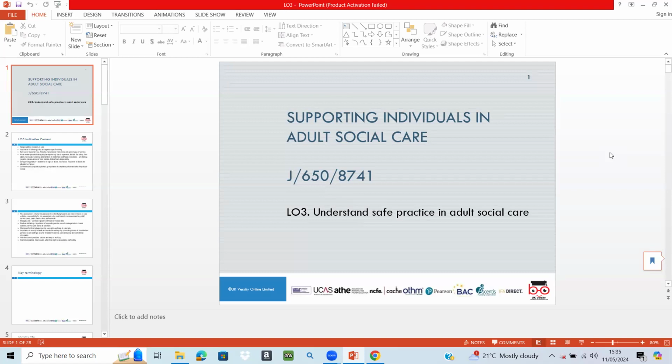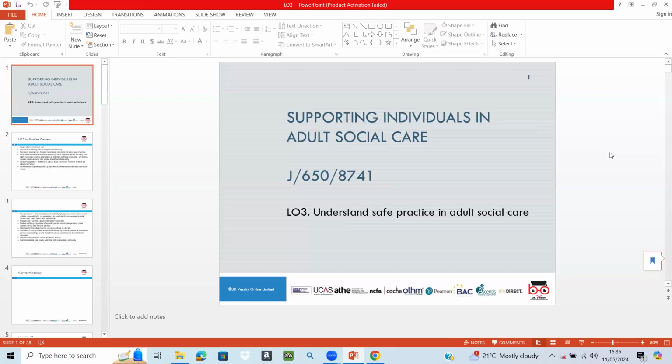Upholding individual rights, dignity, and privacy is also fundamental to safe practices in adult social care. Respecting individual choices, preferences, and cultural beliefs, and promoting person-centered care contribute to creating a safe and supportive care environment.